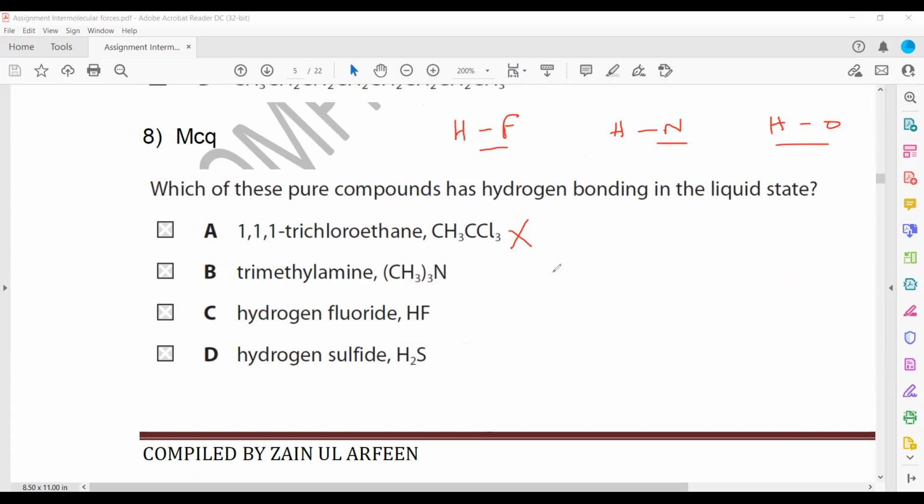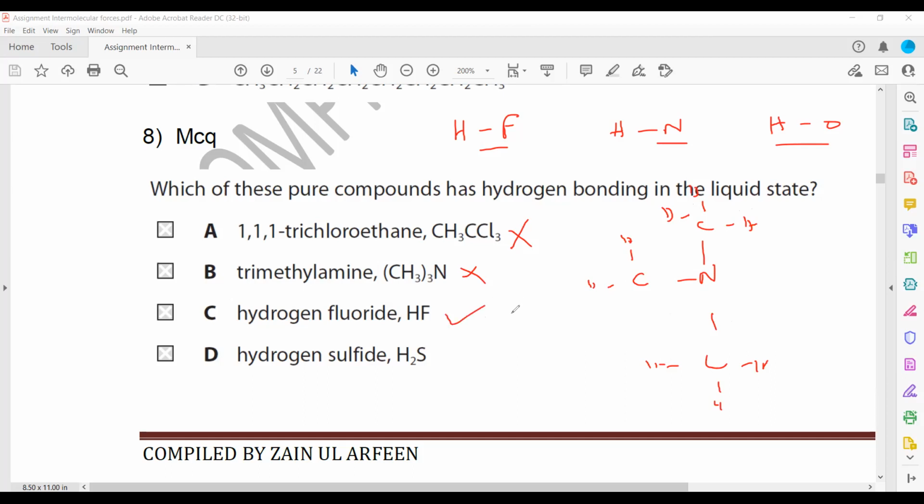If you draw the structure, nitrogen is bonded with carbon, not hydrogen, because to form a hydrogen bond nitrogen should be connected with hydrogen directly, but here it's indirect. So that is why it is wrong.